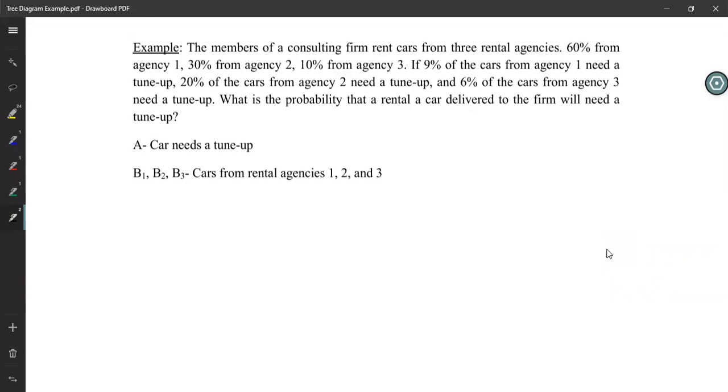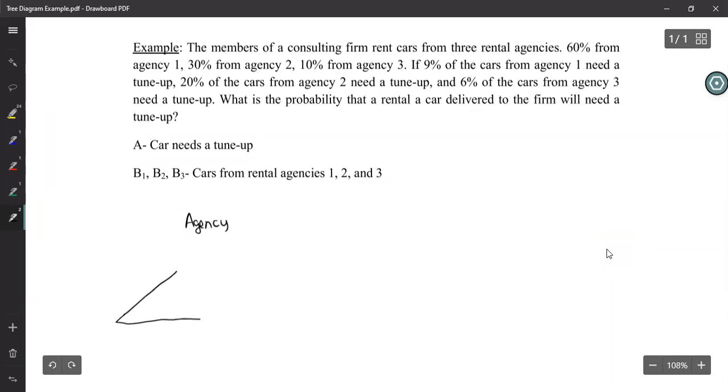Therefore, the first level should be selecting the car, selecting the agency. Depending on the agency, the probability of tune-up will be different. Now we have 3 agencies, so they are B1, B2, and B3. So those are the 3 agencies.